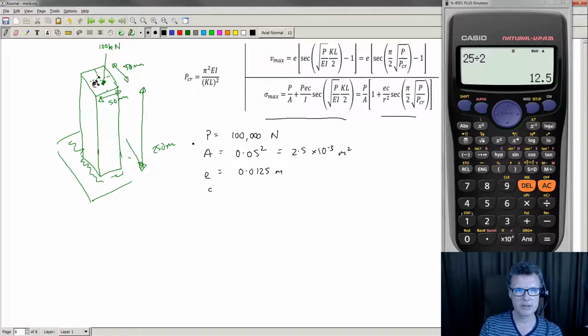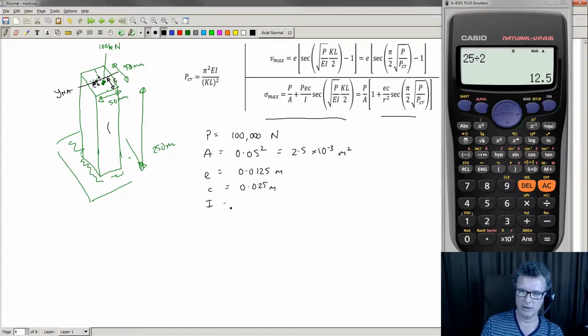The C is the distance from the neutral axis where you expect it to bend. So expecting it to bend in this side. So the C is this distance, where this is going to be my neutral axis where I'm expecting it to bend around. So C is 0.025 meters.